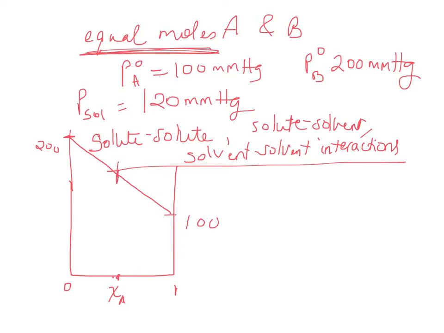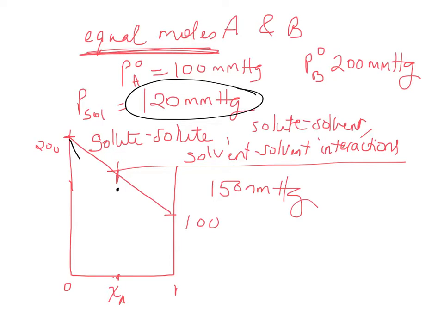So you expect the value, according to Raoult's law, to be 150 millimeter mercury. But the measured value has been shown to be 120 millimeter mercury. That means that number is lesser as compared to the expected value. So your curve will look like that.